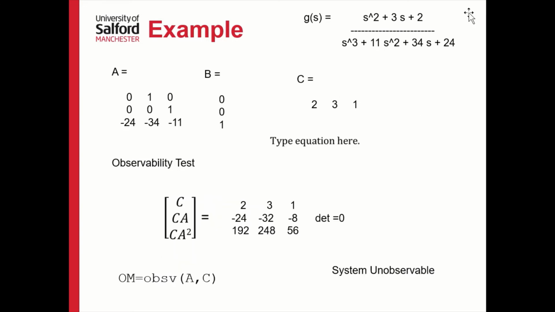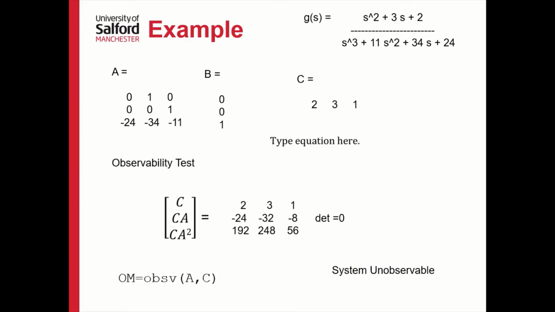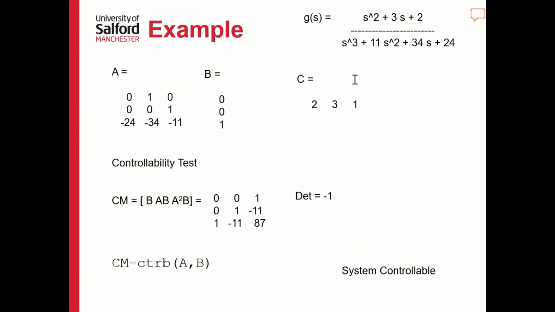But we've got, in this particular case, going back to this example here, we've got a pole zero cancellation in the system, which we would like to know about really, and we can find this out by working out the observability matrix, controllability matrix. If either of those come down to 0, then we can conclude that it's got a pole zero cancellation.